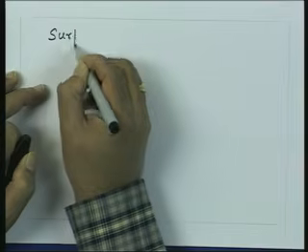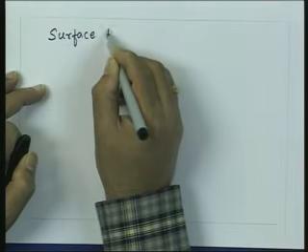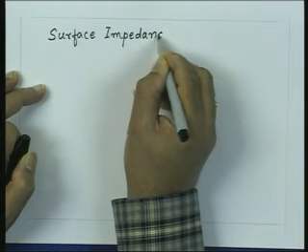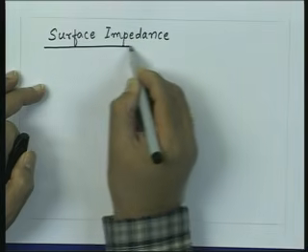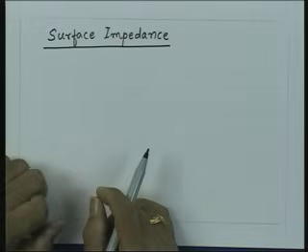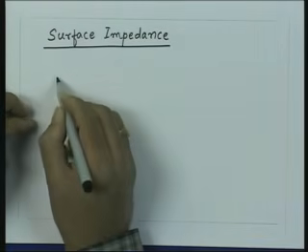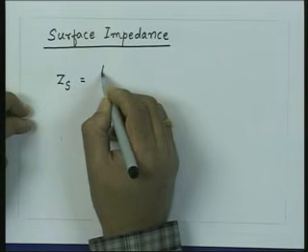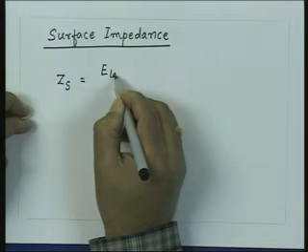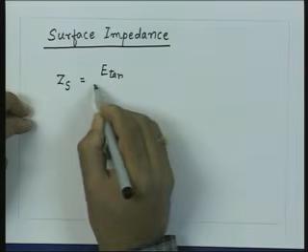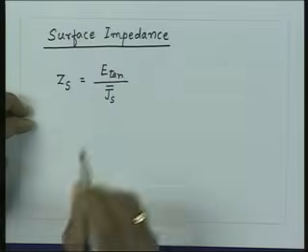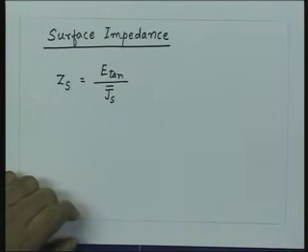So let us define a parameter called the surface impedance, and that quantity is defined as Zs, that is equal to E tangential to the surface divided by the linear surface current density.